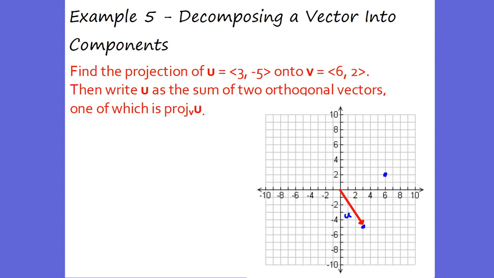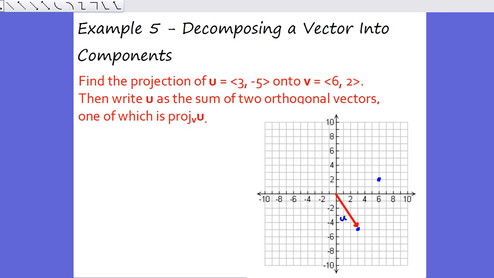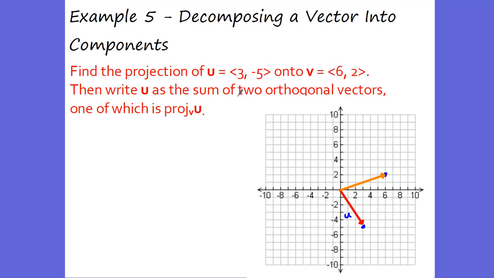I wish I was 6, 2, but I'm not. Here's vector v. So we have vector u and vector v. It says write u as the sum of 2 orthogonal vectors, one of which is the projection of u onto v.